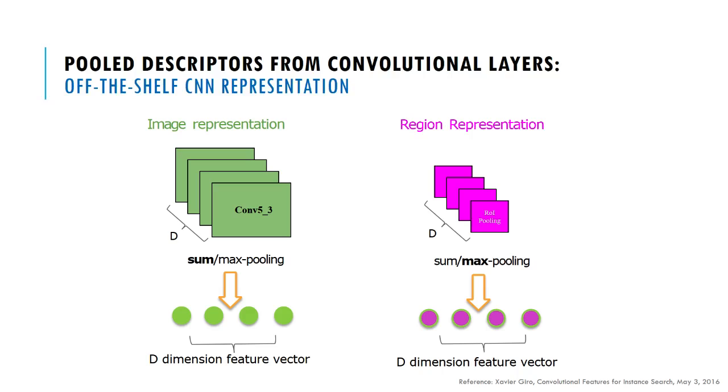Let me describe some of the mechanics here. We will be taking each feature map and pooling the entire slice. For the entire slice, we will just take the sum, for example, for image representation, or for region representation, we just take the max number.